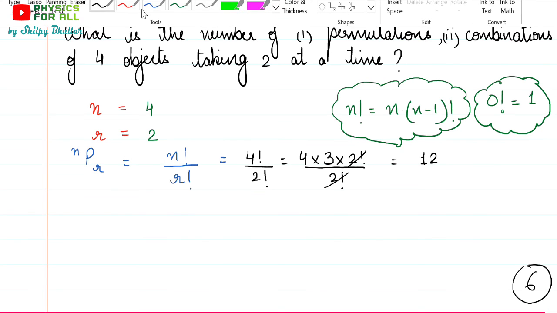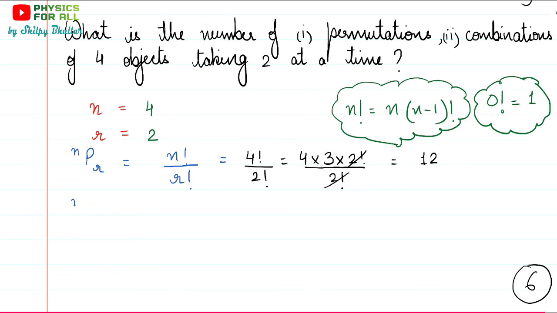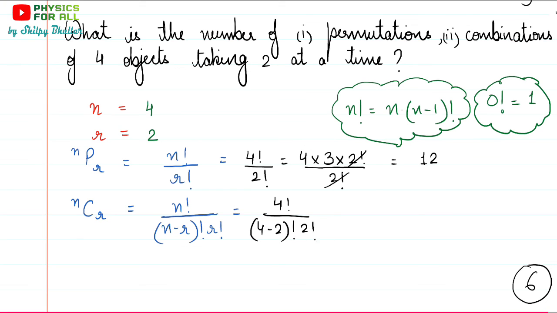And what about combination? What is the formula for combination? That is nCr, which is n factorial upon the left out factorial and the selected factorial. So that means we would have 4 factorial upon (4 minus 2) factorial and 2 factorial.